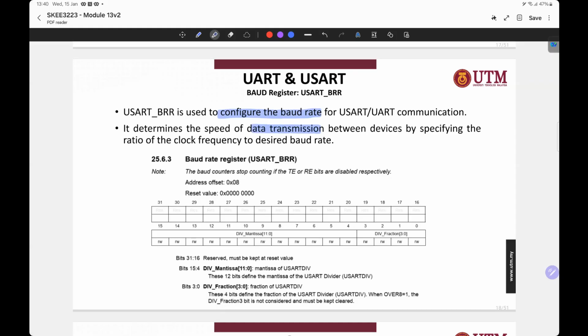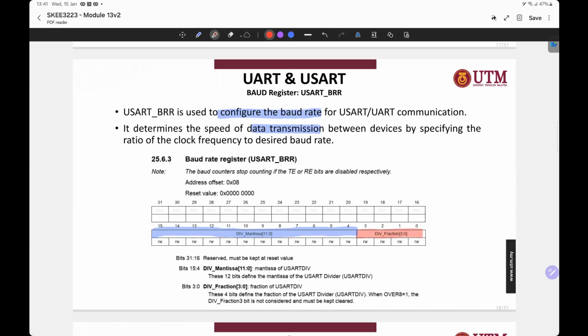That is something you need to calculate. There is a formula to do it. You need to calculate the speed of the data transmission, and that value you need to put inside of this location. Only 16 bits are used for the baud register. The first bits here are for the division fraction.